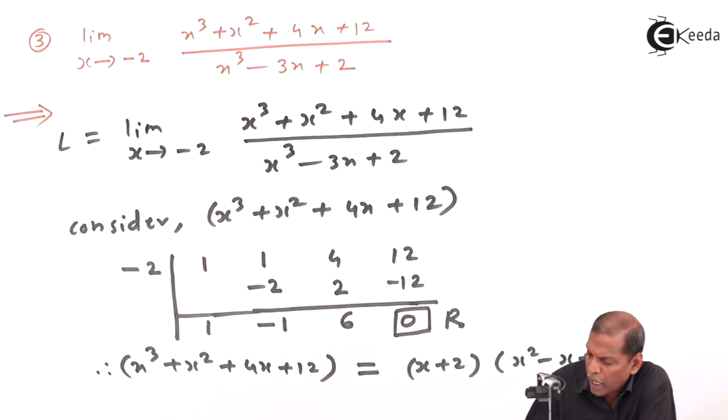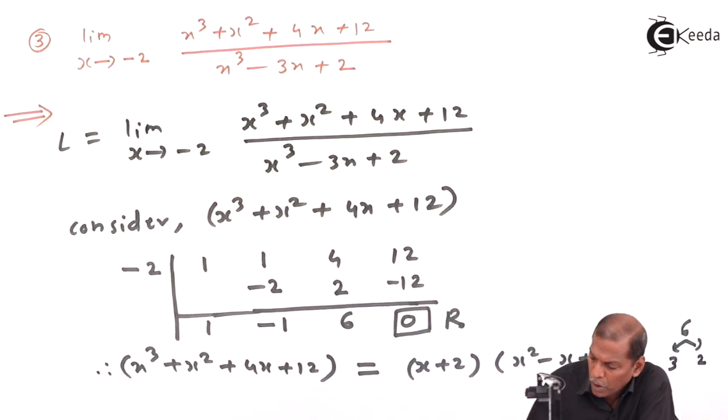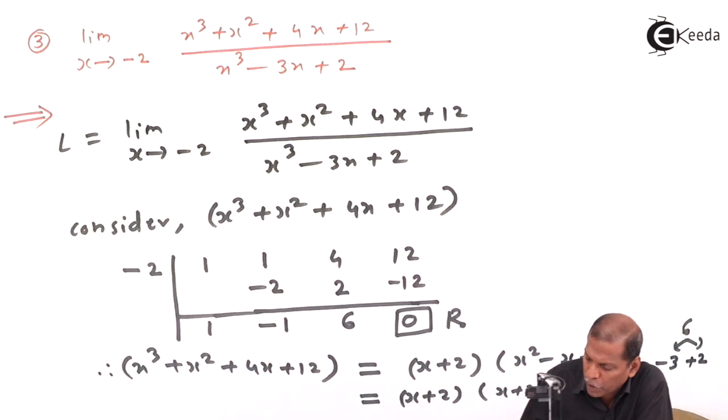Now here the last term is 6, and that can be factorized as 3 into 2. Now to get minus 1, we must have minus 3 plus 2, and therefore it can be factorized as x plus 2, we write as it is, and then for x square minus x plus 6 we write factors as x plus 2 into x minus 3.